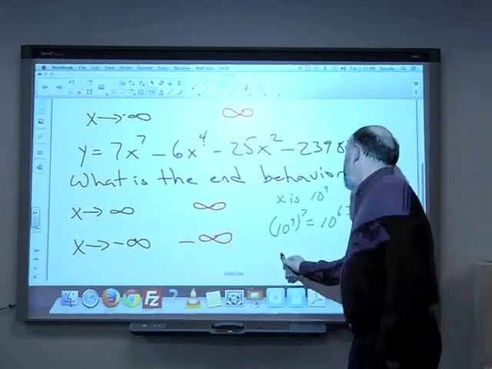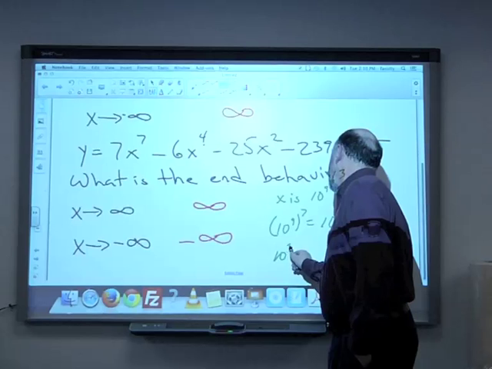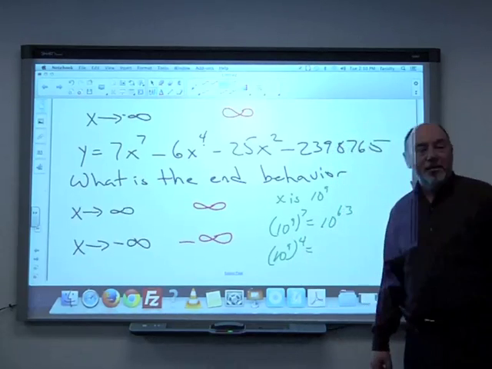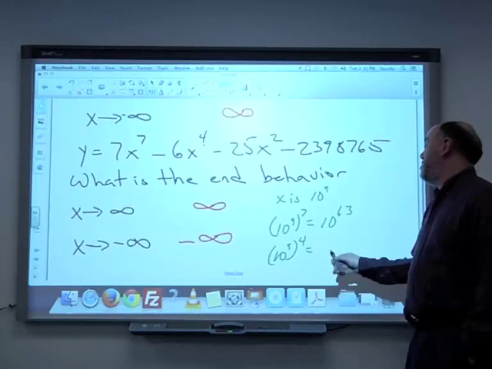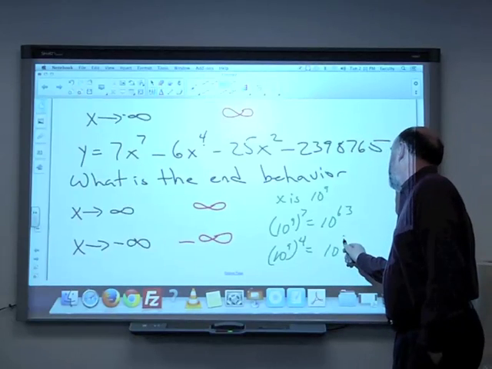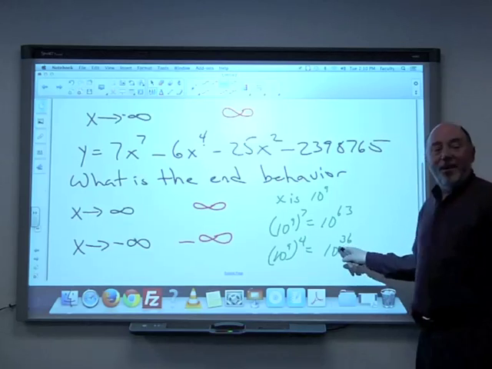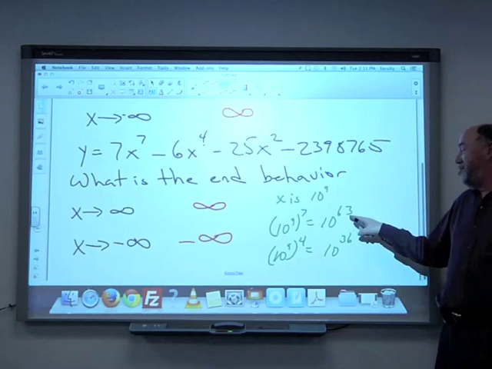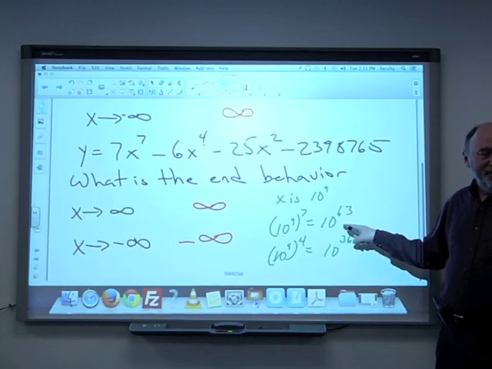Well, what is 10 to the 9th raised to the 4th power? 10 to the 36th. That number is large by itself, but if I compare this number to that number, this is nothing.